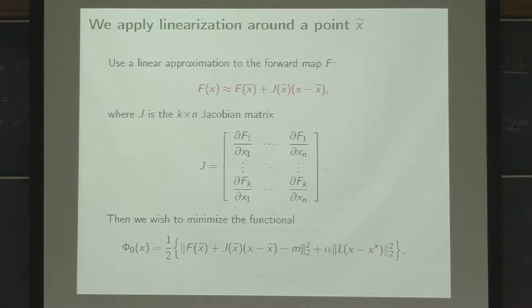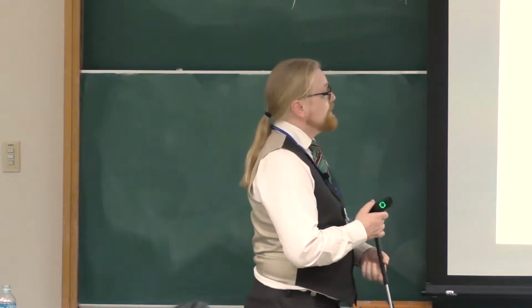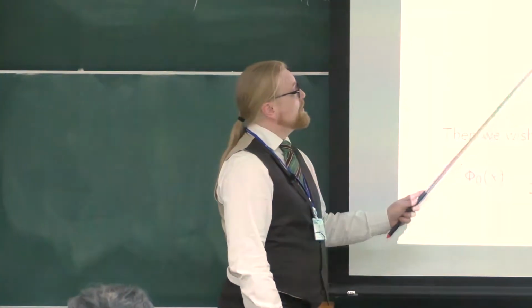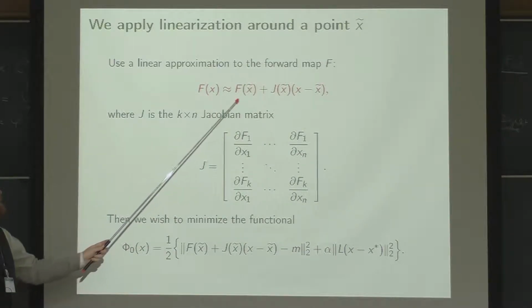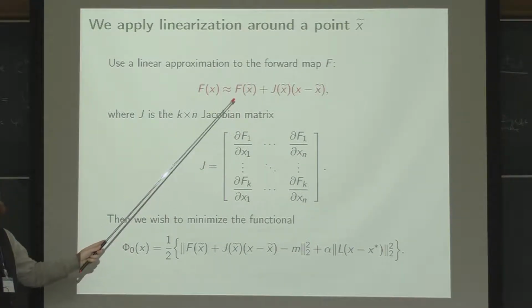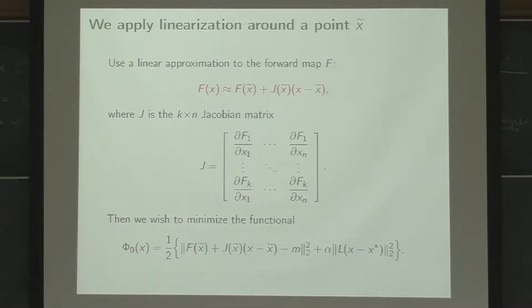So then, there are many ways of doing it. I will talk about pretty much the simplest approach one can take. Let's just use the Taylor theorem: near some point x tilde, let's approximate the nonlinear map by a constant plus a linear term. Use strong ideas going back to Newton.